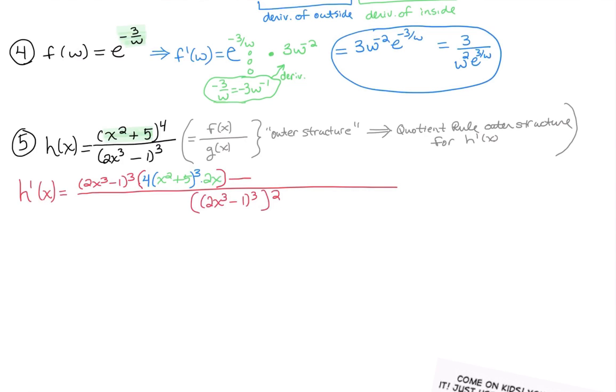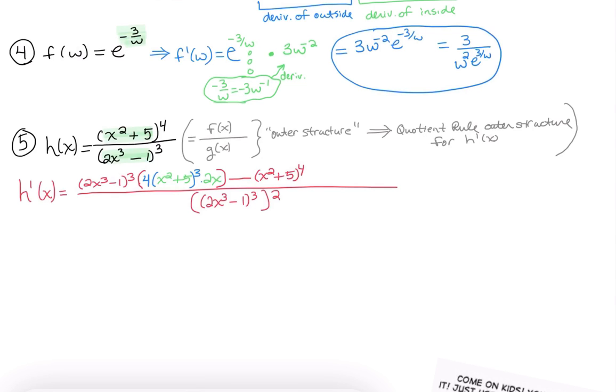Okay, now we change that order and we say, okay, we'll just leave the numerator alone and then times the derivative of the denominator. Well, once again, the denominator is an inside function being raised to an outer power. So the derivative of the denominator also requires chain rule.